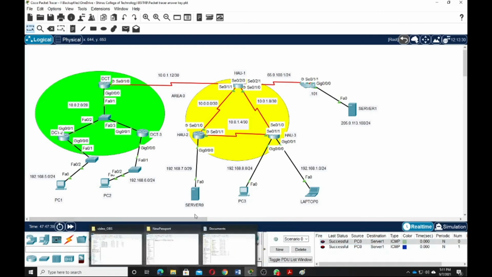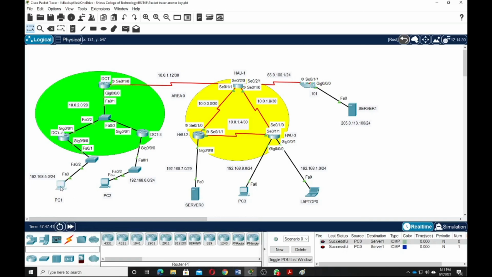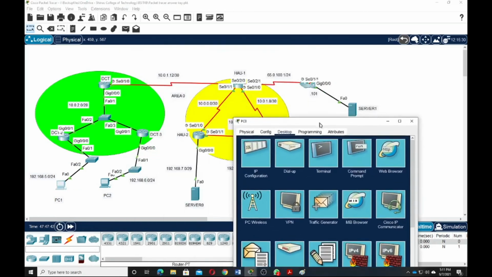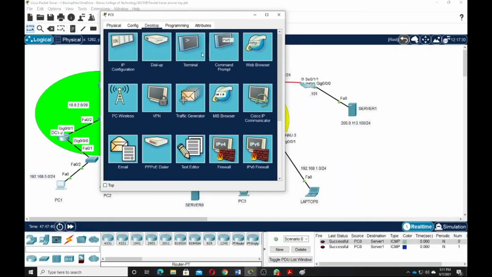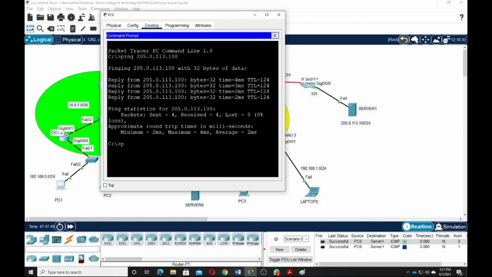If I'm going to ping the IP address of the server, ping 205.0.113.100.